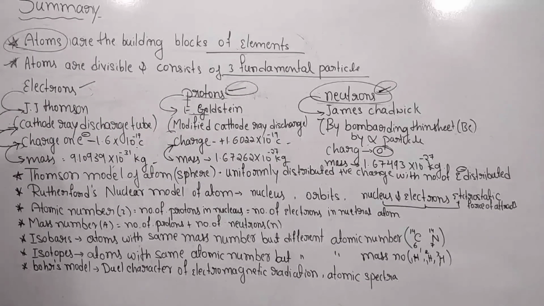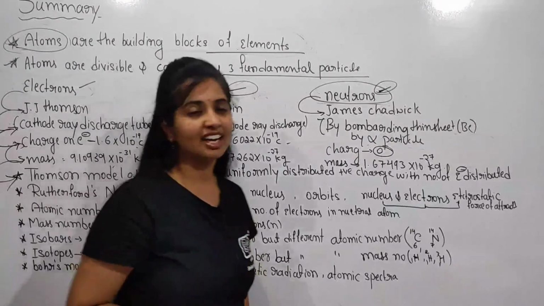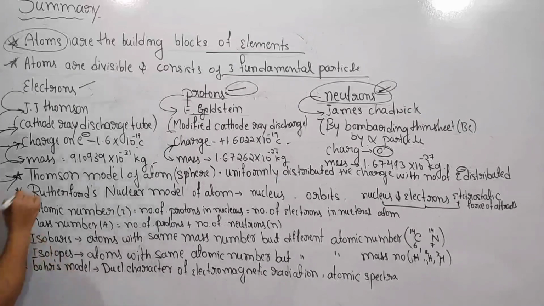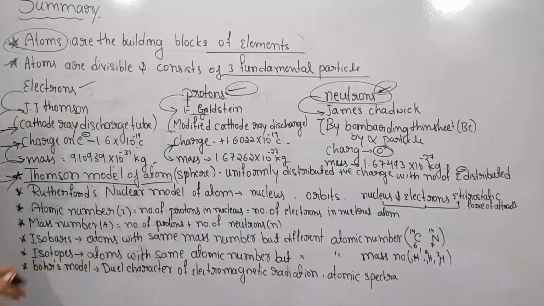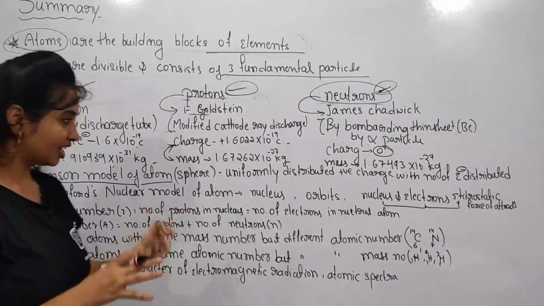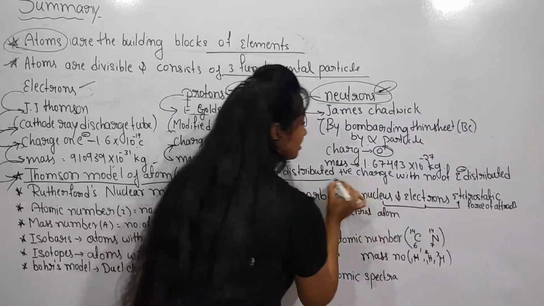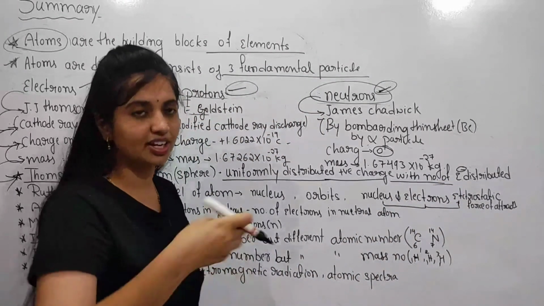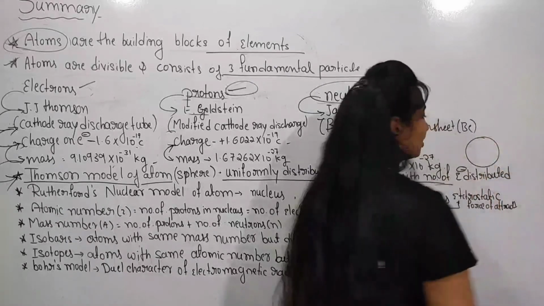Next, many scientists came and gave their ideas about the structure of an atom. First, the Thomson model of an atom. Thomson says the atom is a sphere, and in that sphere positive charge is uniformly distributed, with a number of electrons distributed like in a watermelon.